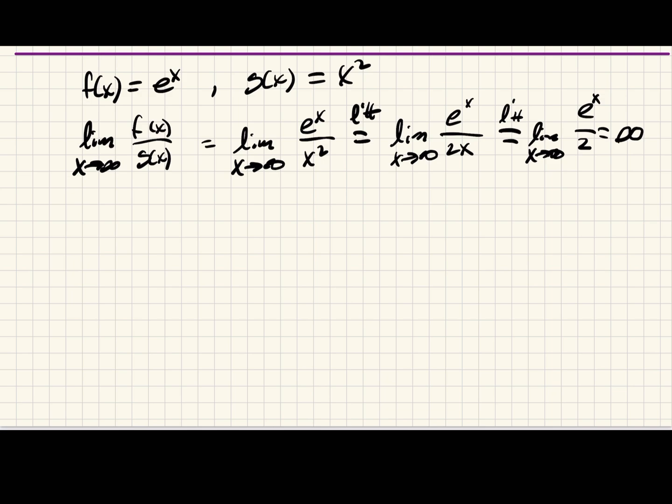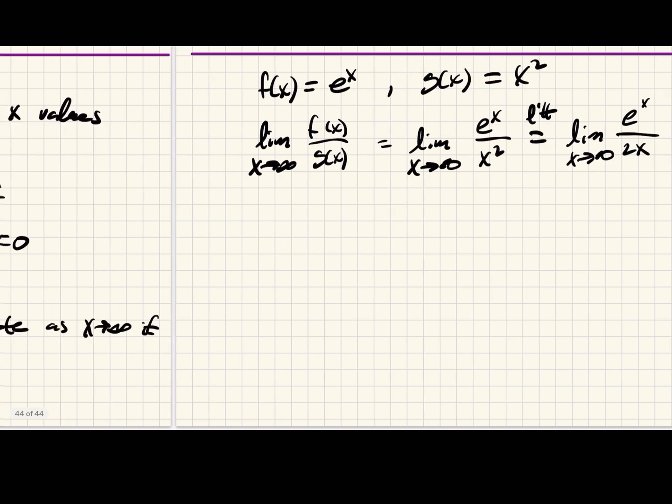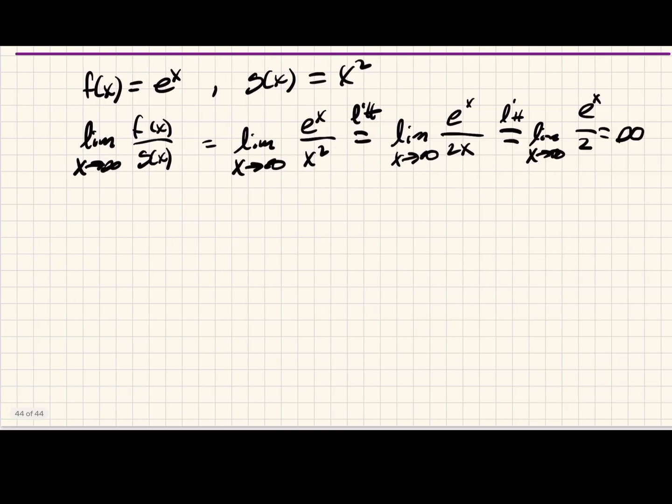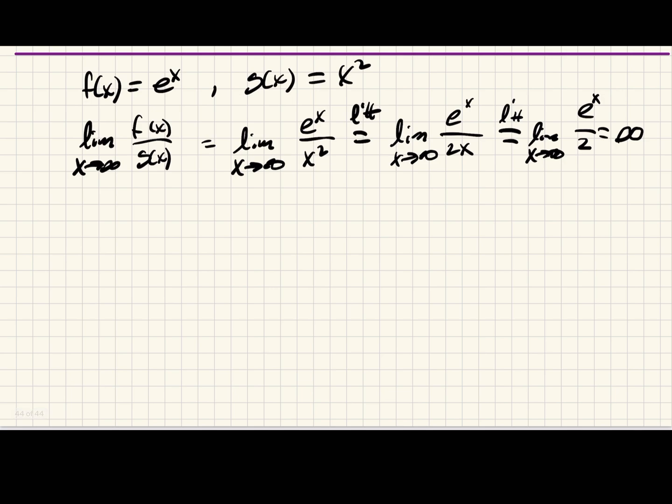So what did we just find? Well, according to this definition back here, it says that if that limit is infinite, then f grows faster than g. So what we just found is that e to the x grows faster than x squared as x goes off to infinity.